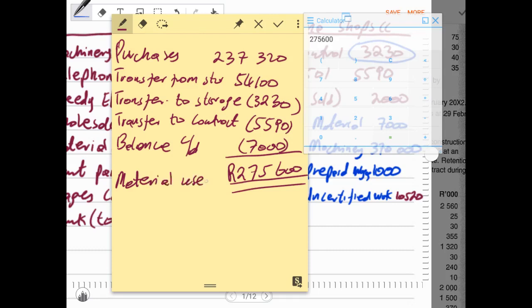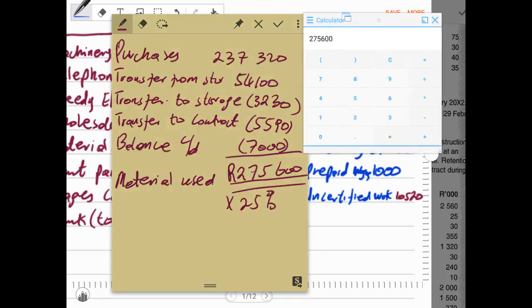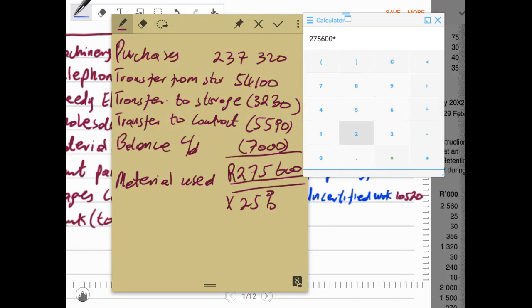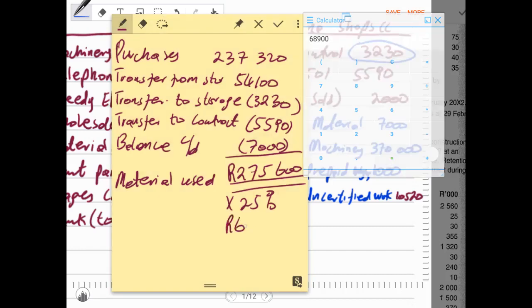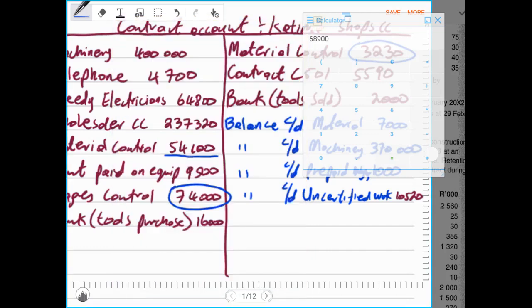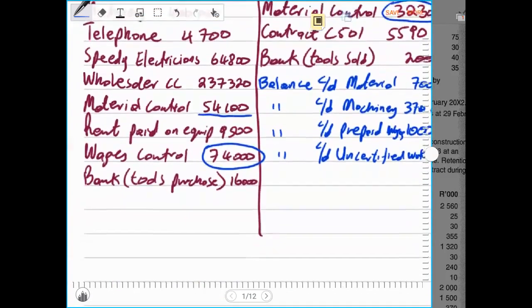So now we do have material used. Then we multiply this by 25%, which is 25 over 100, and this gives us 68,900, and this will be our overheads, which is 25% of the material used.